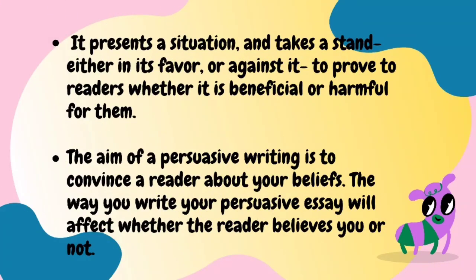It presents a situation and takes a stand either in its favor or against it, to prove to readers whether it is beneficial or harmful for them. The aim of persuasive writing is to convince a reader about your beliefs. The way you write your persuasive essay will affect whether the reader believes you or not.